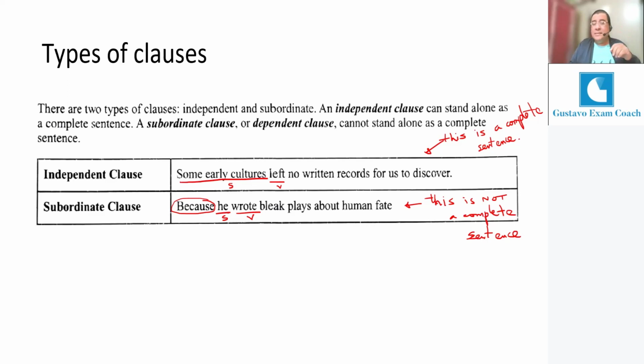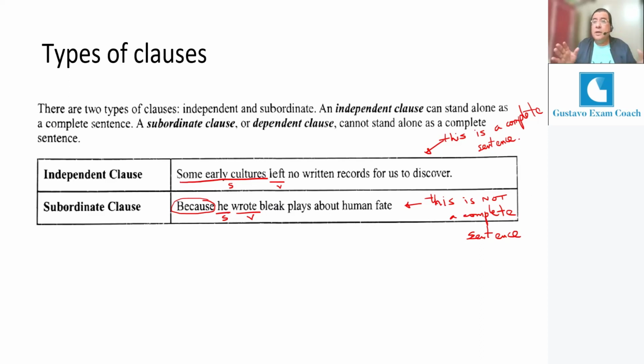When you hear the word "because," you instantly start thinking about a reason for something. "Because he wrote bleak plays about human fate." This description that he wrote bleak plays, whoever he might be, means that this is a reason for something else. But what is that something else?